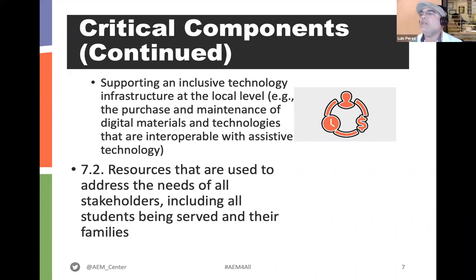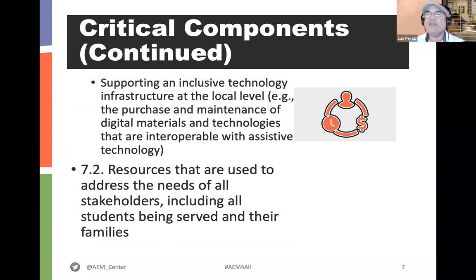And part of addressing that infrastructure is also making sure that we're addressing things like wireless access. So we want to make sure that it's not just the devices, but that those devices are able to connect and provide that access to learners.